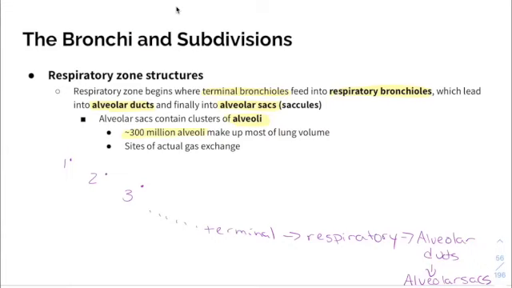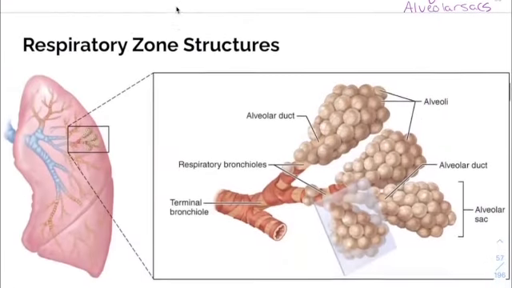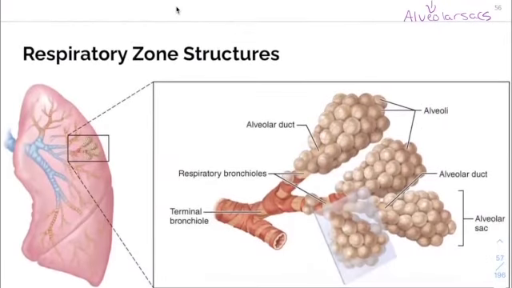And the alveoli are where gas exchange occurs, because that is where we get all the way down to simple squamous epithelium. And that is the easiest epithelium for gases and everything to exchange back and forth.